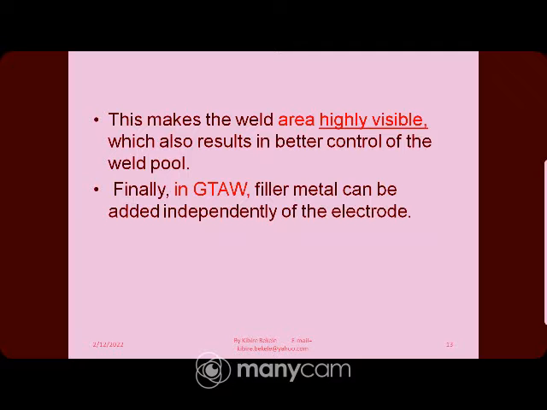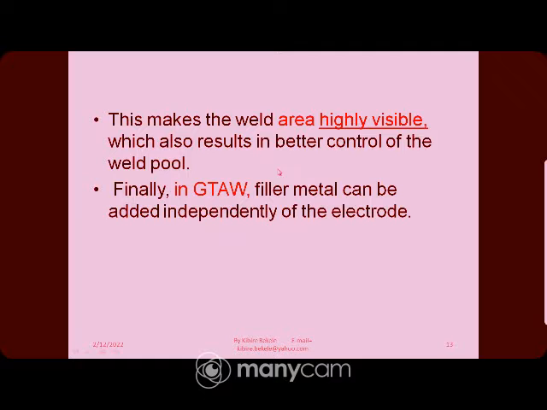If it is clean, there is no material that hinders the welding area from being visible. No smoke, no sputtering, no slag, because it is shielded by inert gases. So we can call it a clean welding process. Simply, we can observe and control the welding pool.